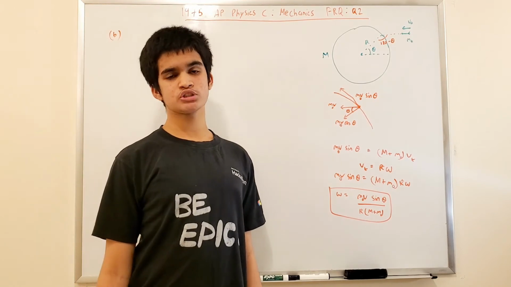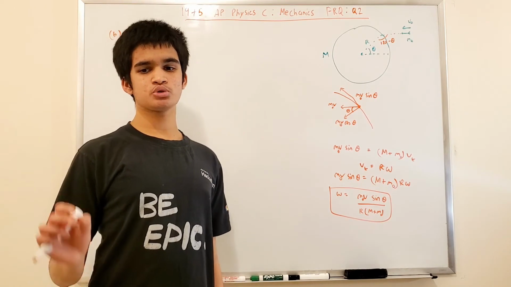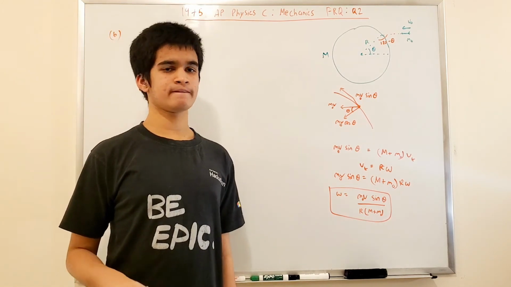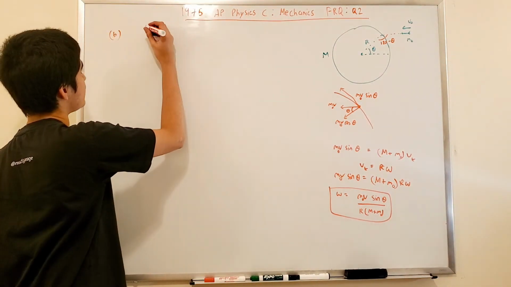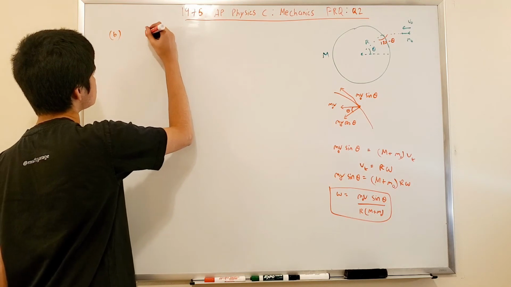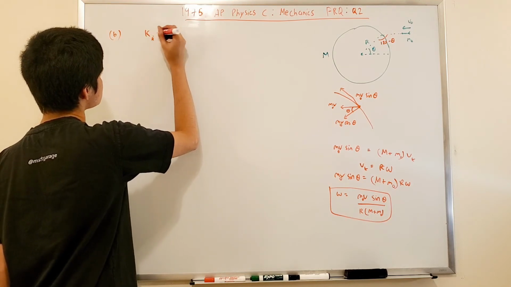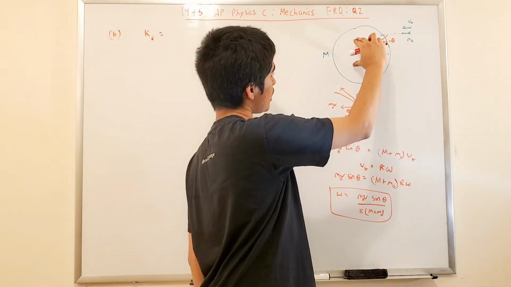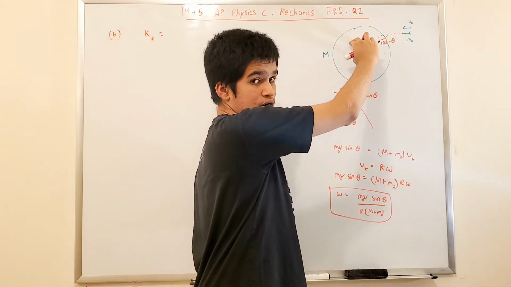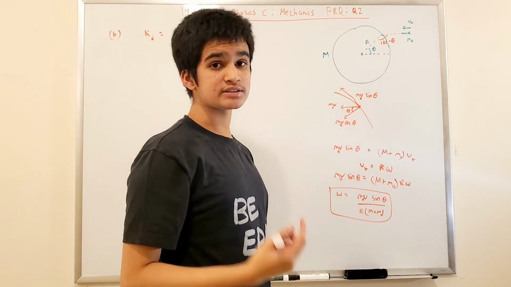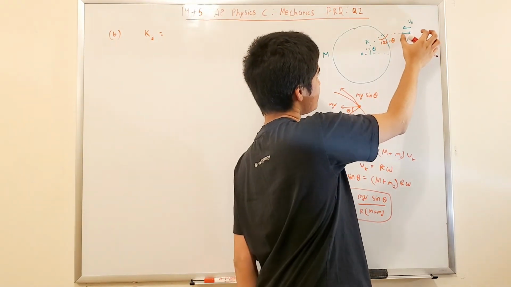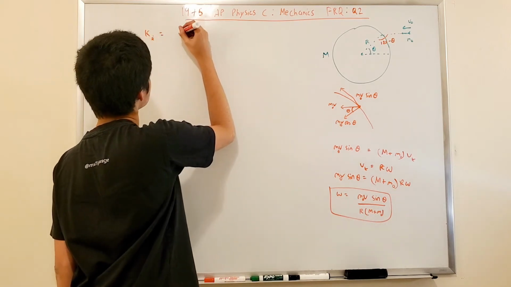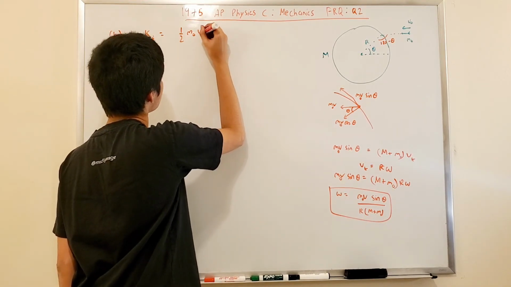Part B of this question asks us to find the ratio between our final kinetic energy and our initial kinetic energy. So let us go ahead and evaluate them. Our initial kinetic energy: the tire is at rest, so it has zero kinetic energy, and the bullet is the one which is moving, so it has a kinetic energy of 1/2 m0 v0 squared.